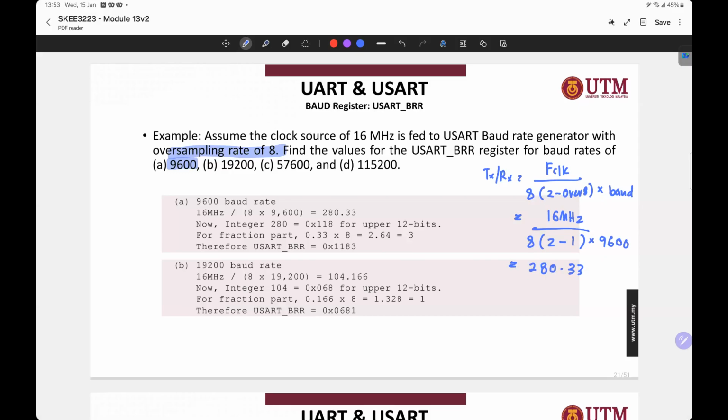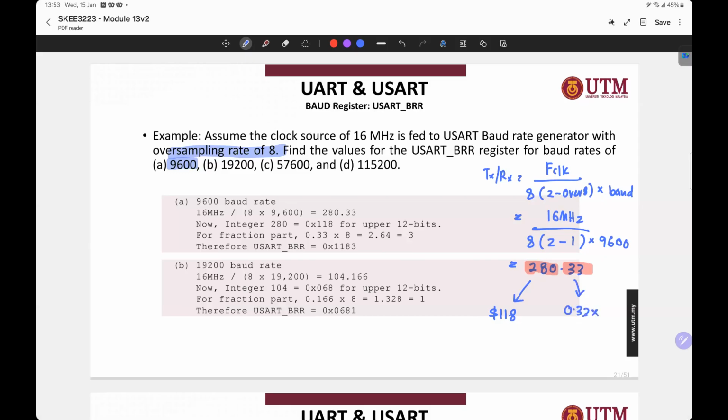So you have two part here. One is for the integer, the other one is fraction part. Integer, change it to hexadecimal directly, then you will get 118.